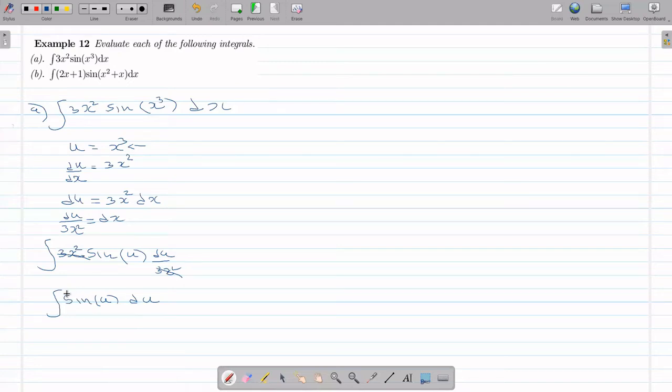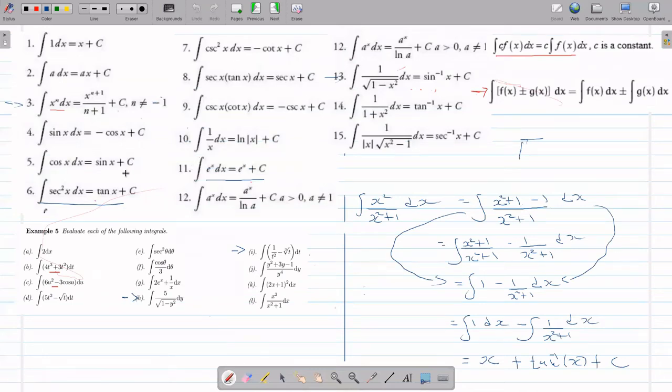Then the integration of sine u, that is from the integration formulas, is minus cos u. Okay, so minus cos u plus c.